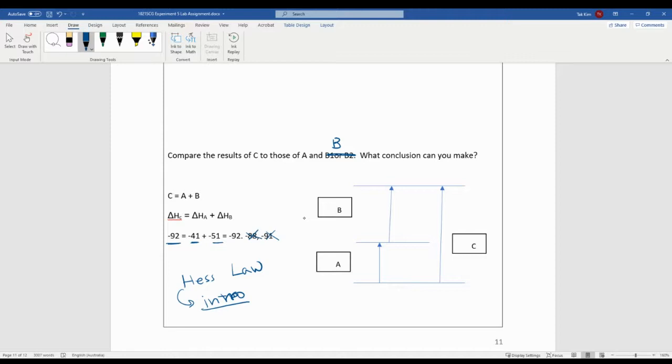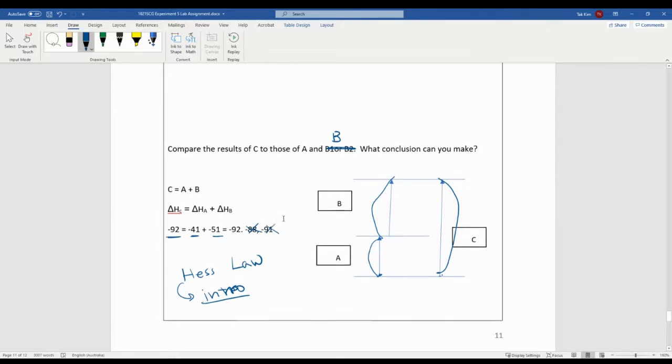But what it is, it doesn't matter whether you take a reaction in one step or two separate steps, the changes in reaction enthalpy will be the same, right? So in our case of A and B, we took the two-step reaction, and in C, we took the one-step reaction, right? So in the end, changes in enthalpy should be the same.